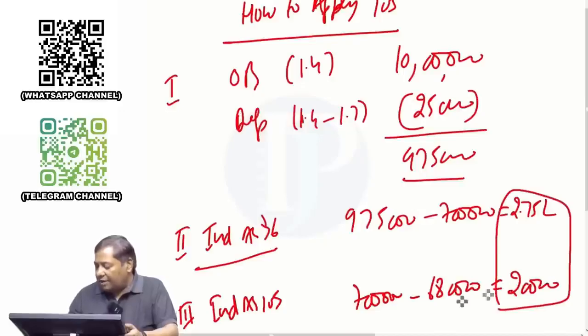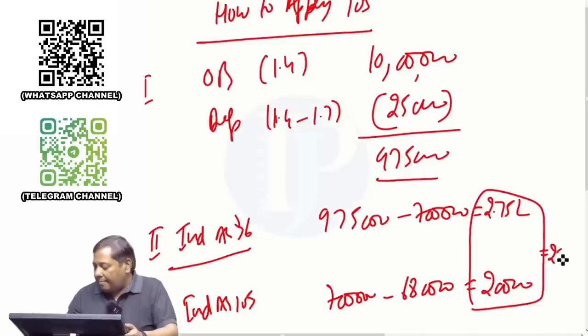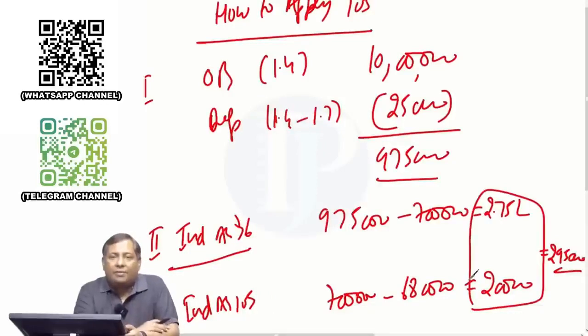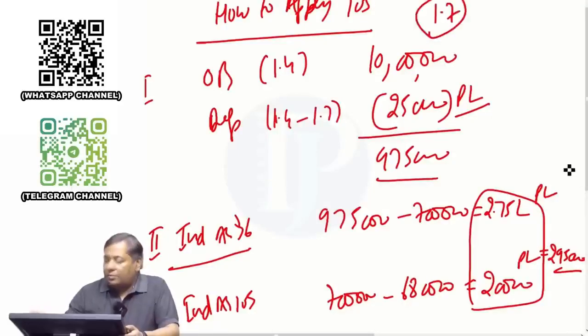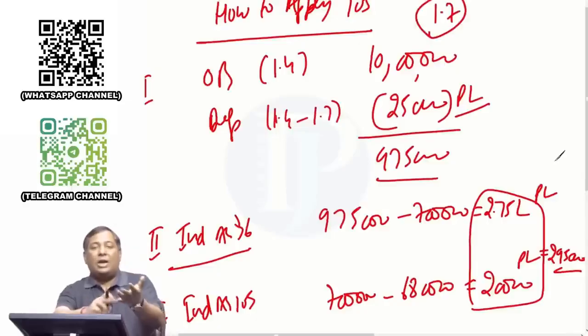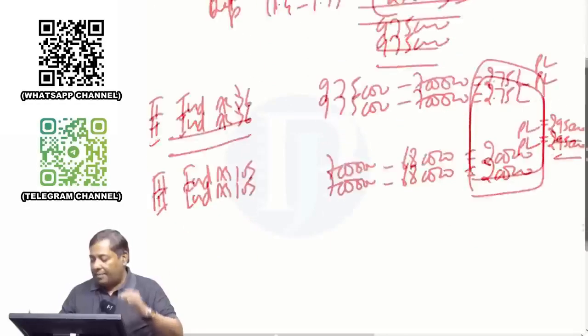So the total came to 295. One is 36 and one is 105. Depreciation of rupees 25,000. This is P&L, this is also P&L and this is also P&L. When is all this accounting happening? On the 1/7. After 3 months, July, August, September have passed. We are standing on 1st October.